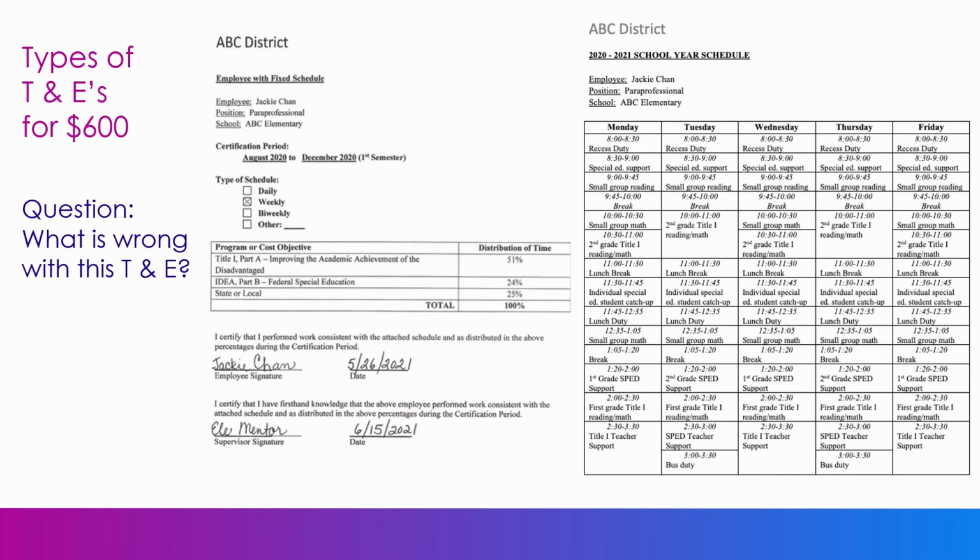So Nebraska has approved that as long as you have a fixed schedule, you can do the semi-annual as long as the fixed schedule is attached. This person is funded with Title I-A, IDEA, and then also state and local funds. Okay, the answer is nothing. This fixed schedule time and effort is okay.